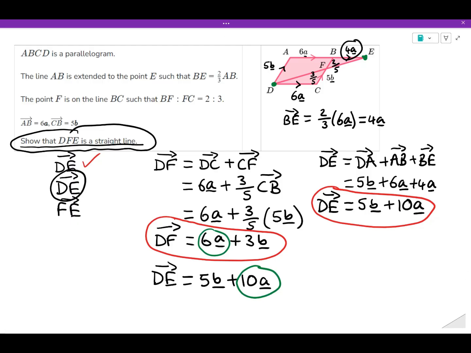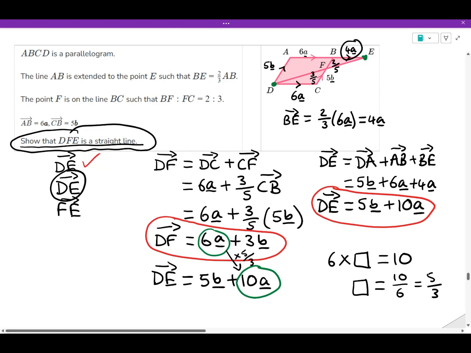Now, if you're stuck with that, essentially what I'm asking is 6 times something is equal to 10. Now, in order to figure out this something, I would have to divide by 6. So that something would be equal to 10 over 6, which is equal to 5 over 3 if I simplify. Therefore, to get from 6A to 10A, I need to multiply by 5 over 3 like that.